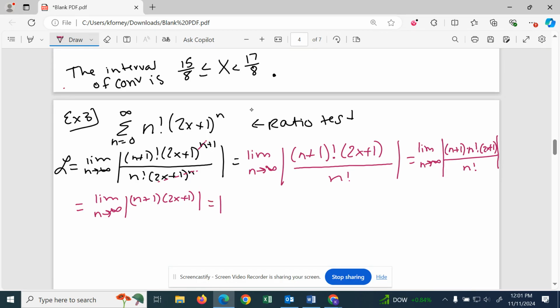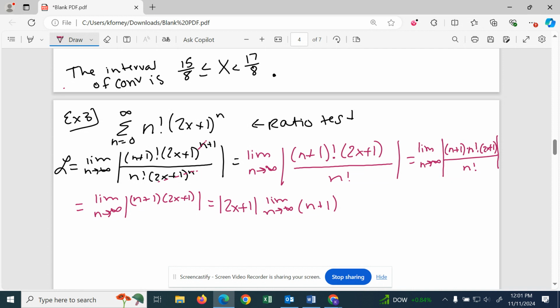So now, remember, we can take out the 2x plus 1, but you're going to have to leave it inside the absolute value bars, times the limit as n approaches infinity of n plus 1. And at this point, we need to be careful because the limit is infinite, but there is that term with the x's in front.